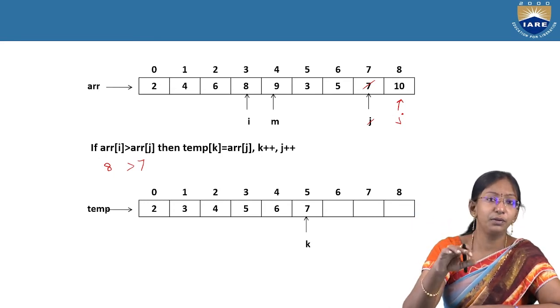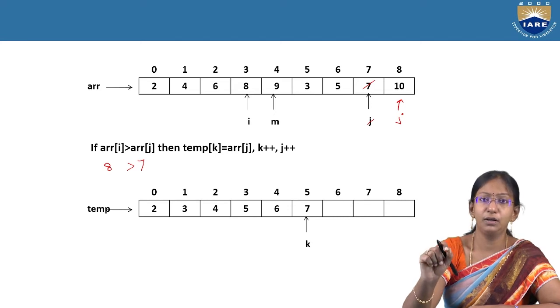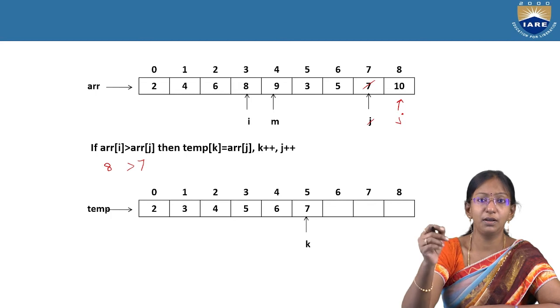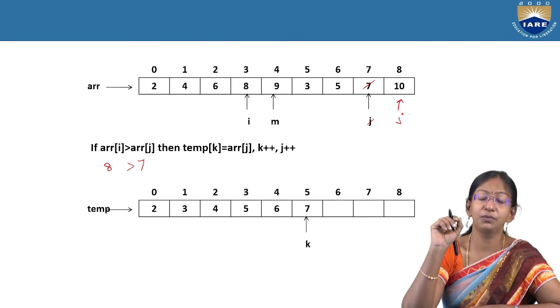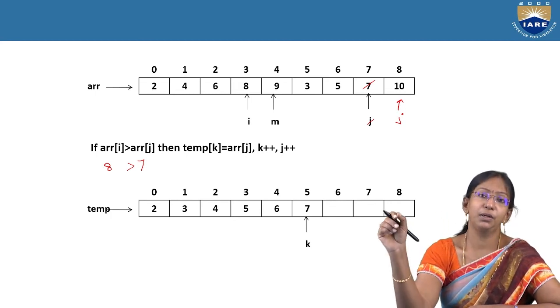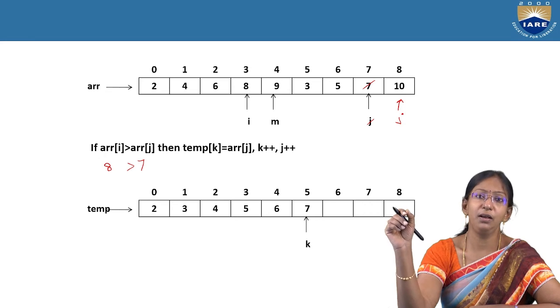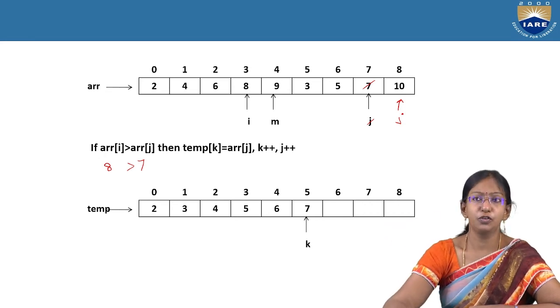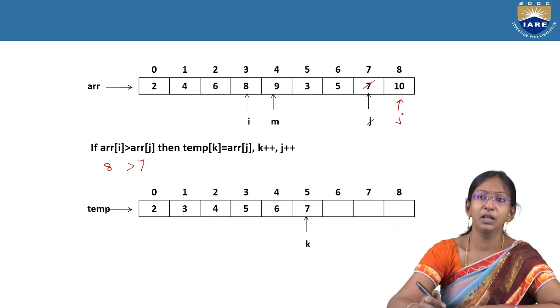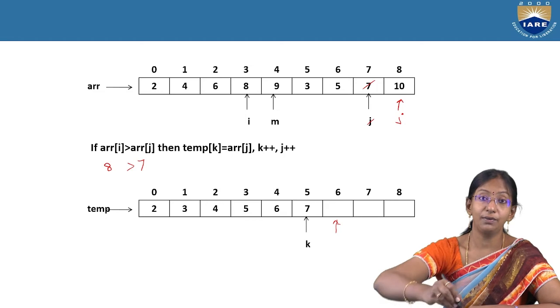So as the variable pointed by i was not having any work, it lost the bit as it was carrying an element which is higher when compared to the element pointed by j. So its position is not going to change. Coming to k, I have filled that blank value with 7.